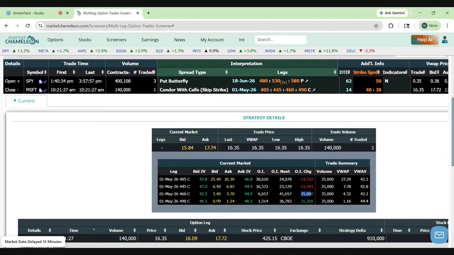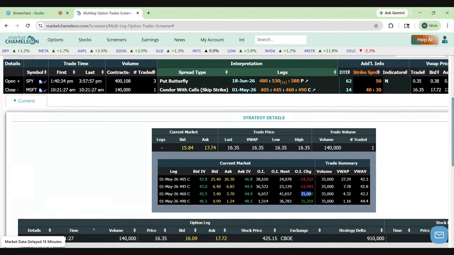So the inference here is that this involved a trade that was exiting the lower strikes in Microsoft, could have been like a call spread, and at the same time establishing a new position at the higher strikes.